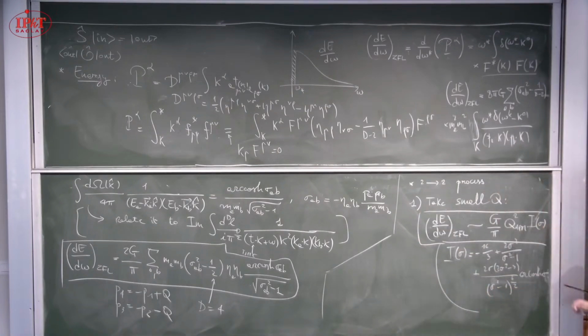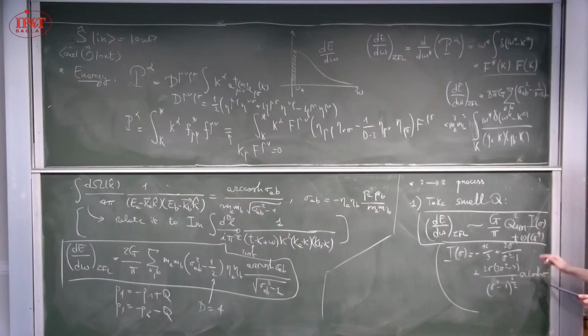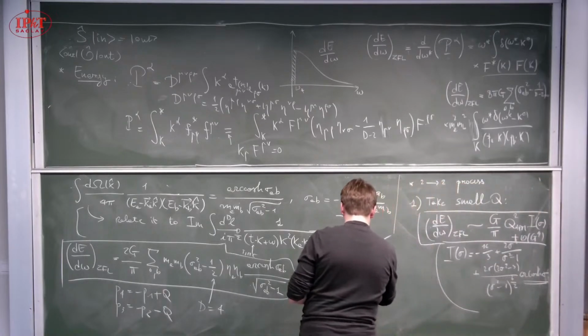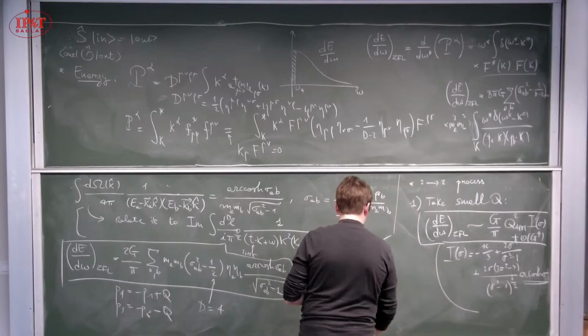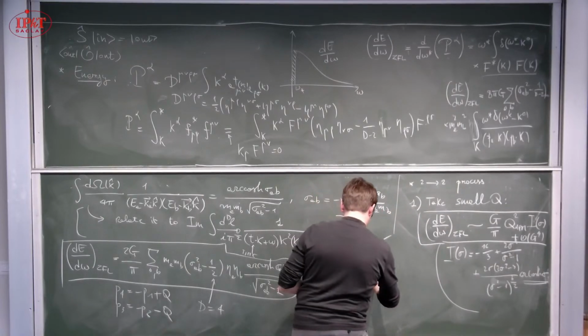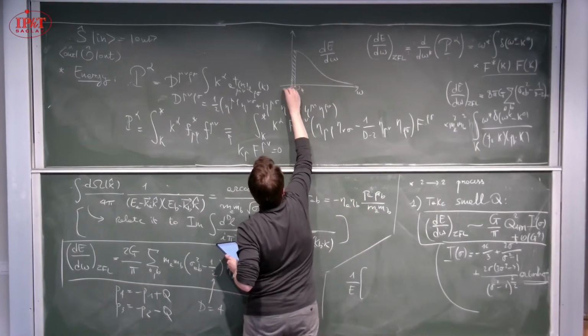Now the puzzle with this result, which would then receive higher order corrections, say at order G^4, etc. The puzzle with this expression is that this calligraphic I of sigma involves this arc cos, and for very large sigma leads to a behavior like this. If you divide by the total energy, which is the square root of the Mandelstam invariant S, you estimate that this bin is of order 1 over b.